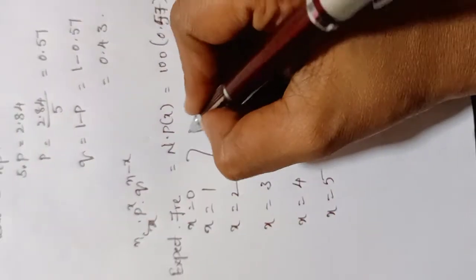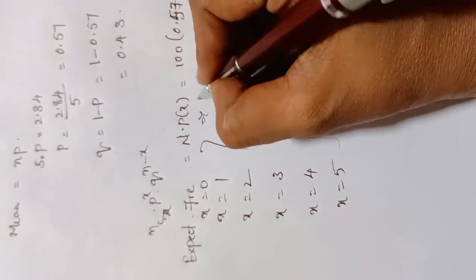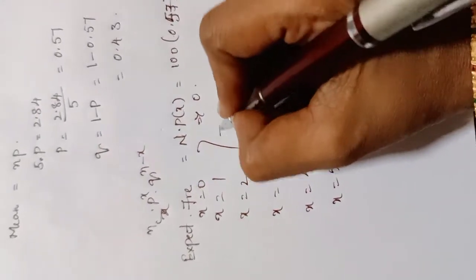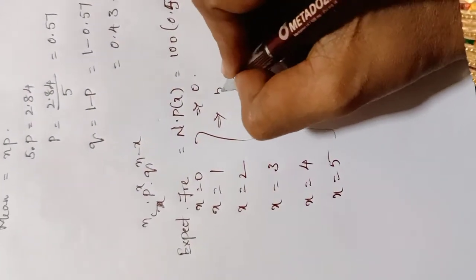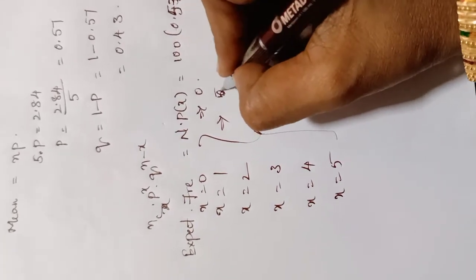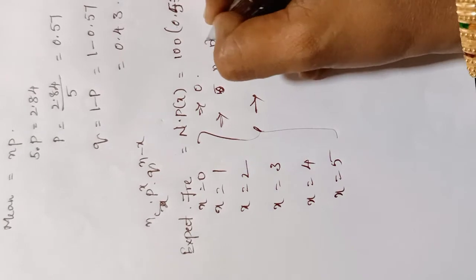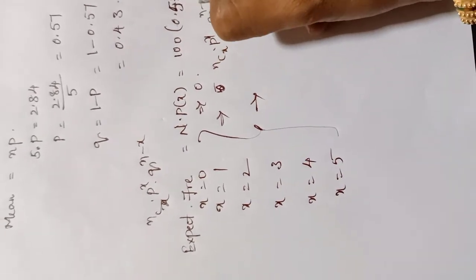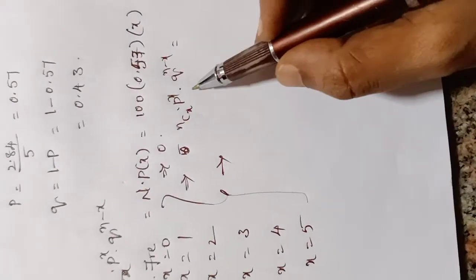That means for x equal to 0, that becomes 0. Next, for x equal to 1, we use the formula nCx p power x into q power n minus x. So we have to use this formula.